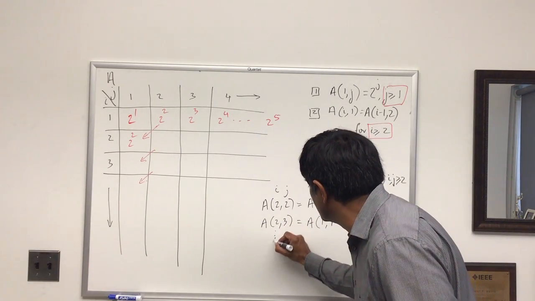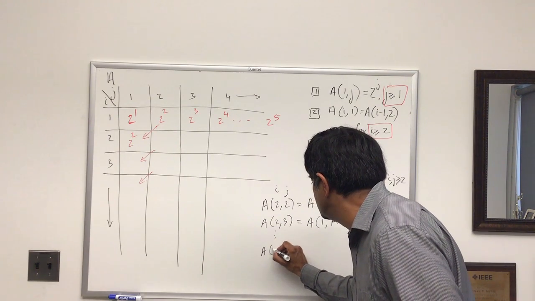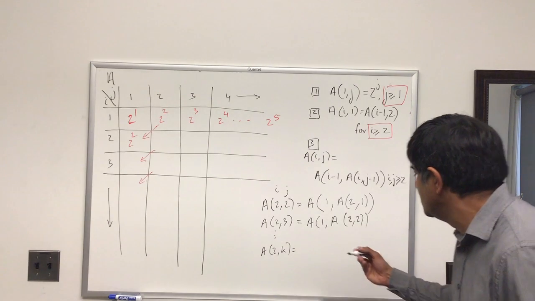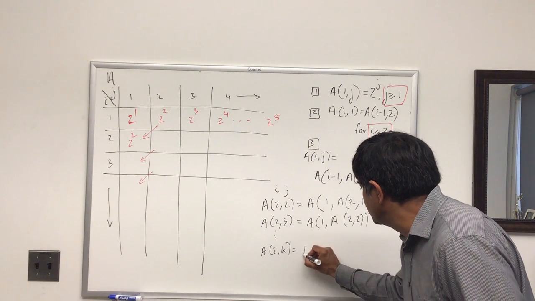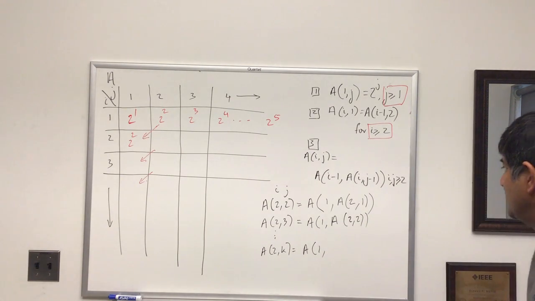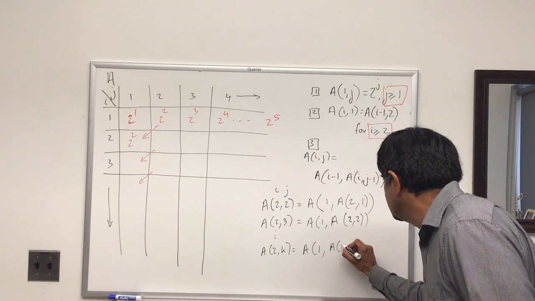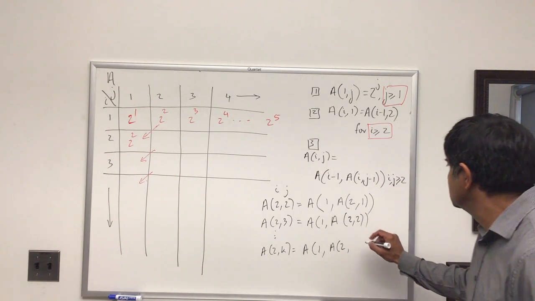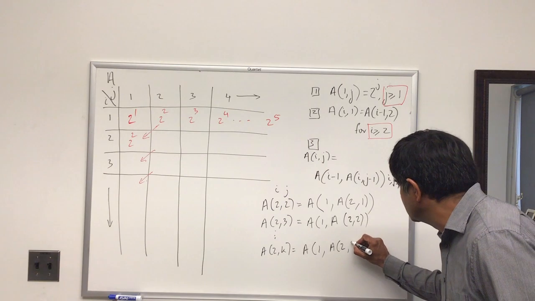So if I were to go down to A2k, I am going to get A1, A2, and k minus 1.